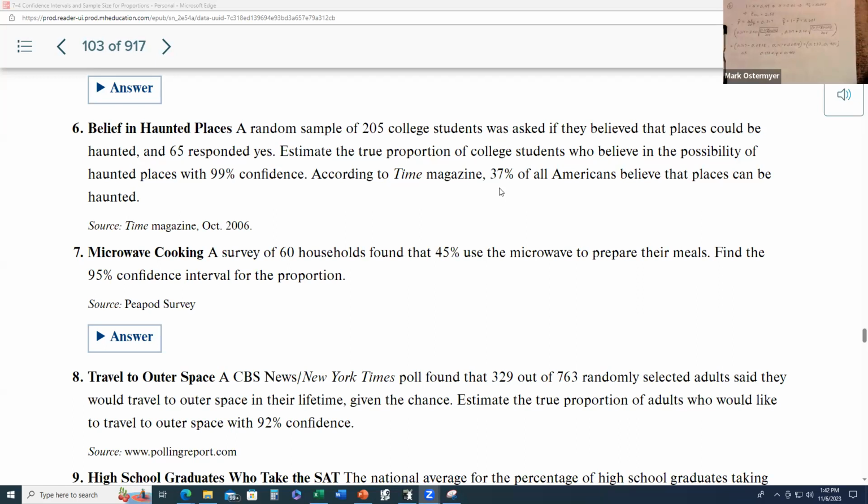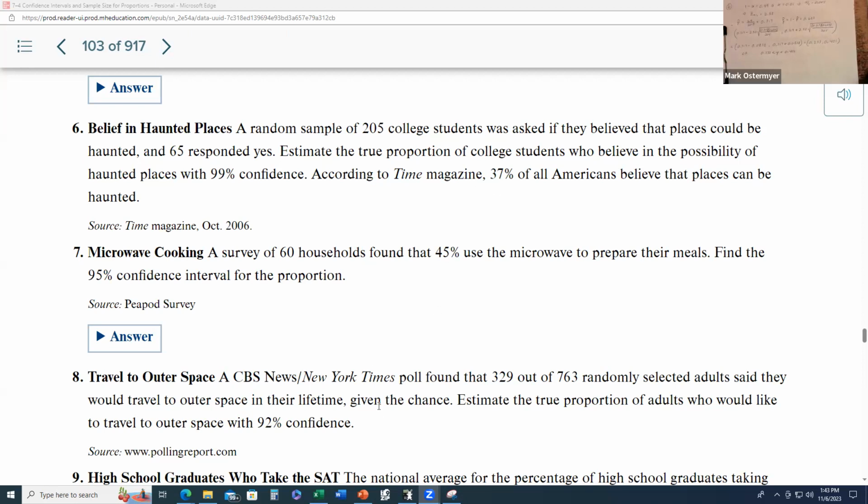Notice, ladies and gentlemen, that's in pretty good agreement with our 99% confidence interval for just college students, in the sense that 37% is found in our confidence interval. It lies between 23% and about 40%. So the beliefs of college students extrapolate to all Americans in general. Interesting.